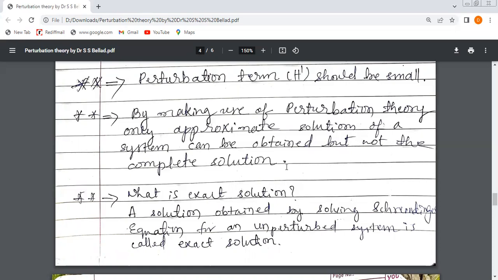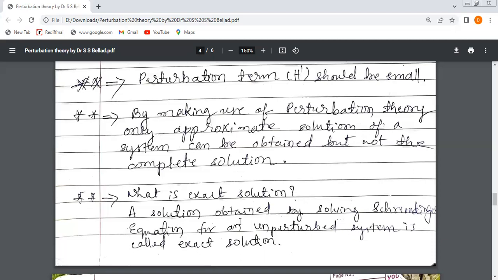As I told initially, the Schrodinger wave equation is not applicable to systems which have a perturbation. That is why the perturbation theory gives only the approximate solution of a system, but not the complete solution. So if you want the exact solution, you should apply the Schrodinger equation only.